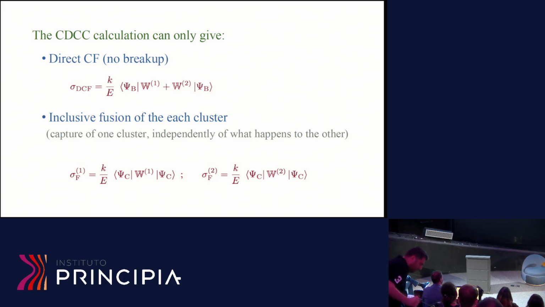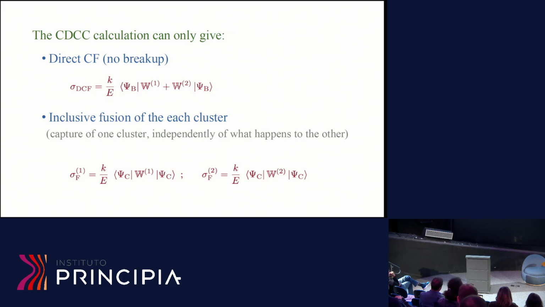On the other hand, taking these integrals with the two potentials using continuum states, one gets the absorption cross-section of one fragment and the other fragment. However, what we are getting here is not what is measured, because an experiment gives the complete fusion cross-section, which includes both direct complete fusion and sequential complete fusion.